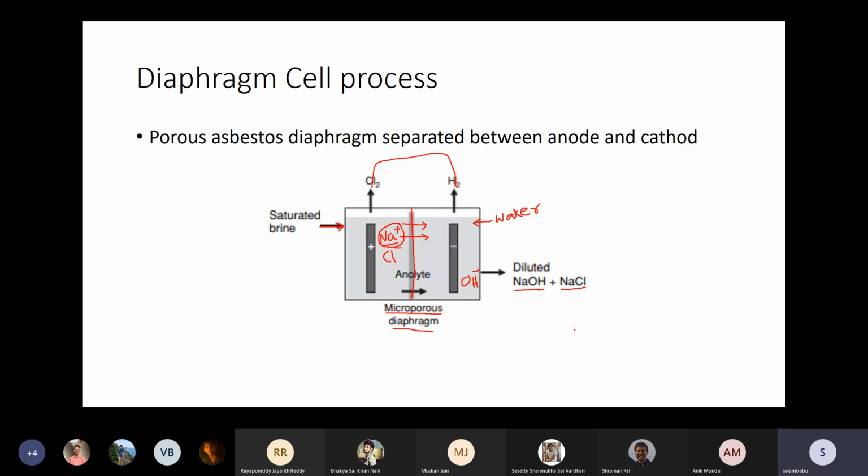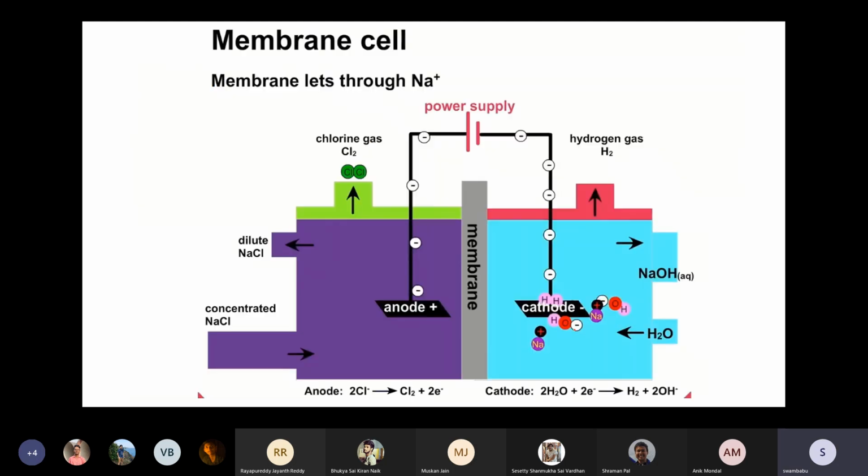Later, the most popular process became the membrane cell electrolysis process. What is special about this membrane is that these are very specific ion exchange membranes.